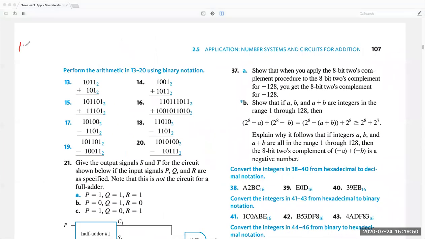So let's take 1011 plus 101. What we can do is just consider these as decimal numbers. From primary school, the value would be 1112. But if this is a binary number, it doesn't have the digit 2.